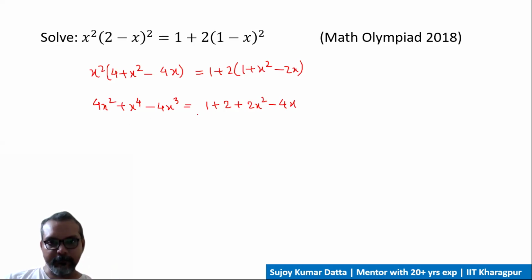So this one now simplifies to 4x squared minus 2x squared. Then the 4x comes to the left side. So we have this. I have to figure out the factors for this one.